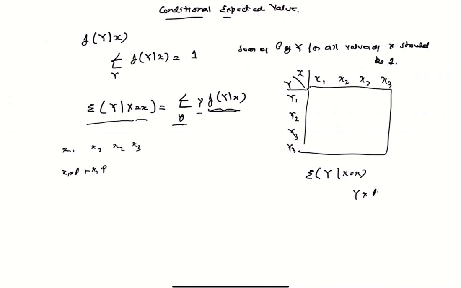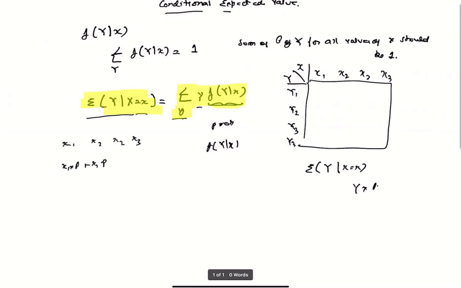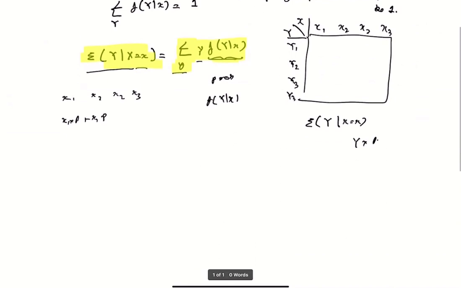And f y given x is just the probability of y given x. So that is why the expected value of y given x is the sum over all values of y, and this is called the conditional expected value.